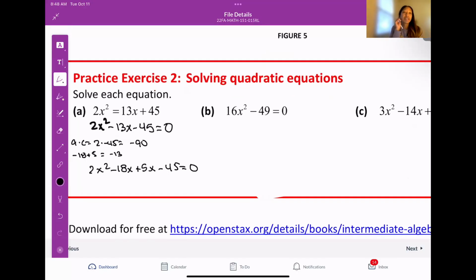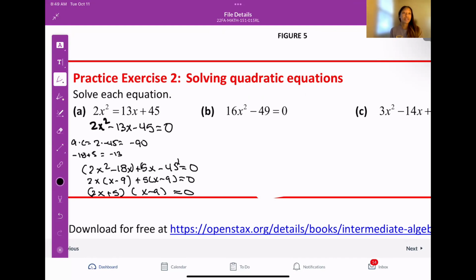So far, it's the same kind of steps that we had last time with the factoring. Now we just have that equals 0 on the other side. Okay, so then this gives us, if we factor by grouping, 2x times x minus 9 plus 5 times x minus 9 equals 0. So 2x plus 5 times x minus 9 equals 0.